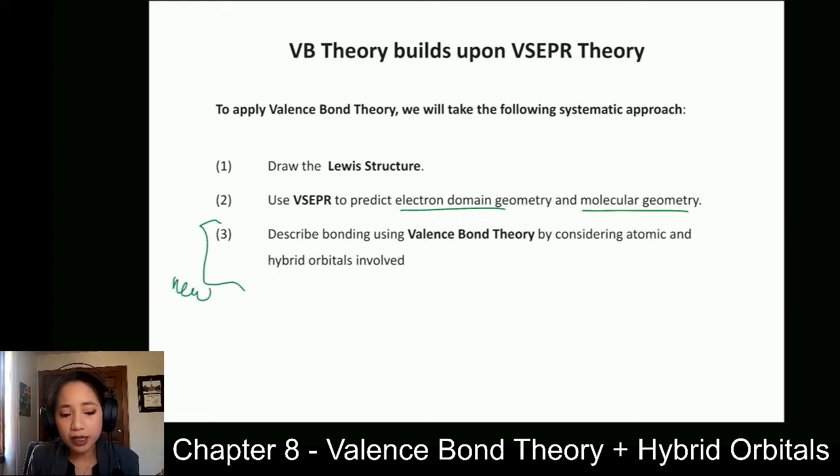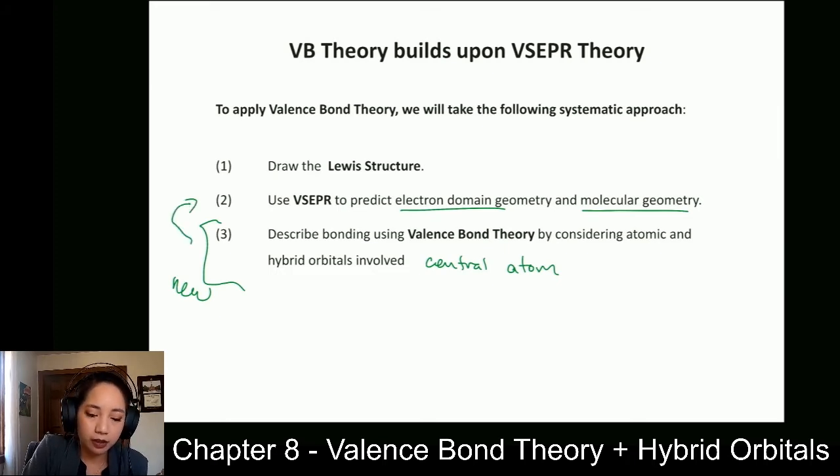You can use valence bond theory by considering what atomic and hybrid orbitals are involved with the central atom to get the shape that you need, which was described in the previous step. So it's the shape that dictates what atomic and hybrid orbitals are involved in that valence bond theory scenario.